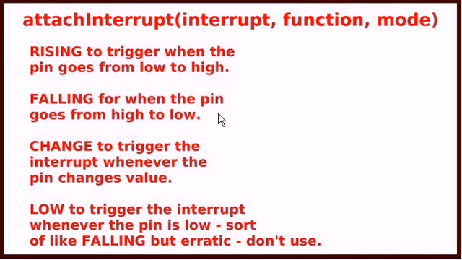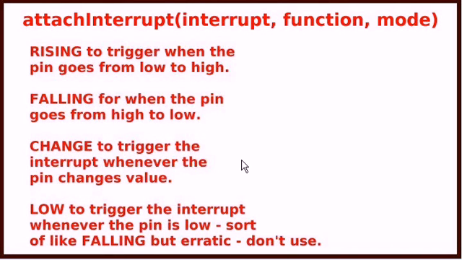If I press the switch in and hold it, nothing happens because it went from low to high. But when I release the switch, it goes from high to low, then the LED will toggle. That's what falling means, from high to low. Then we have a third one called change.